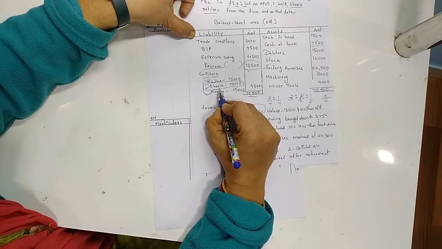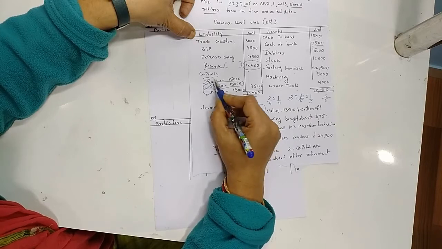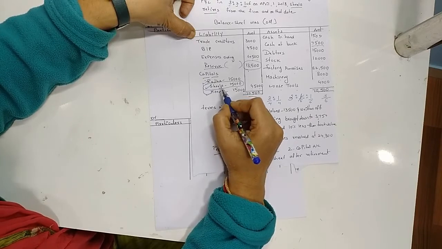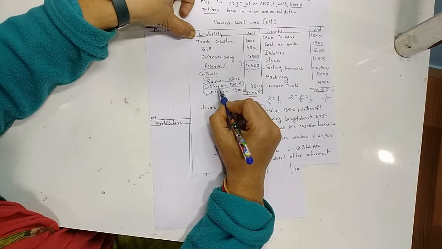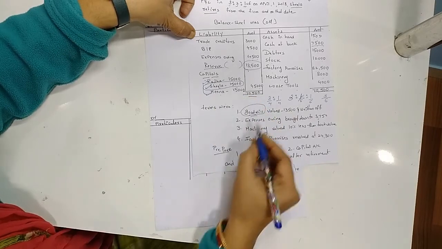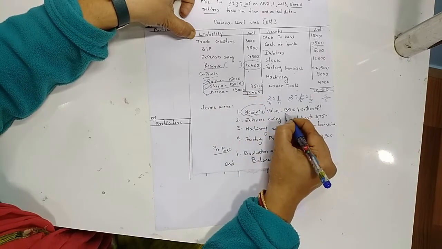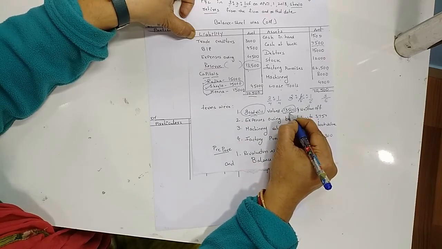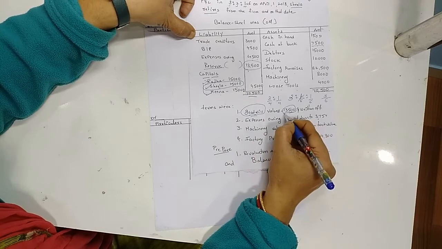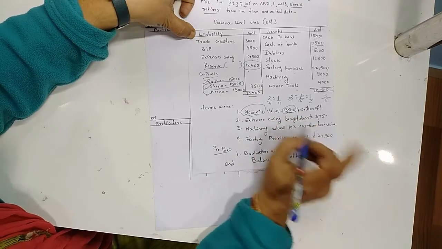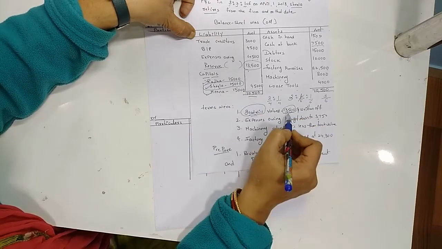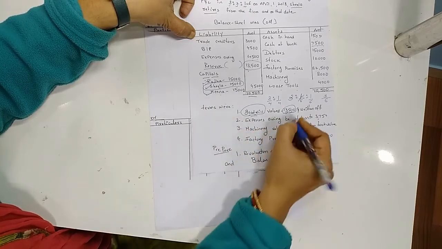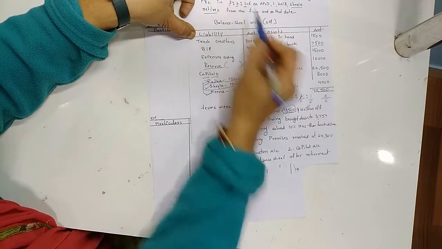So Sheila's profit is also now taken by Radha and Meena. Because they are gaining because of Sheila's retirement, they are going to compensate Sheila with goodwill. So the total firm's goodwill is 13,500. Remember students, this is the value of the total firm, not the value of Sheila. Sheila's goodwill will be calculated on the basis of her profit sharing ratio.